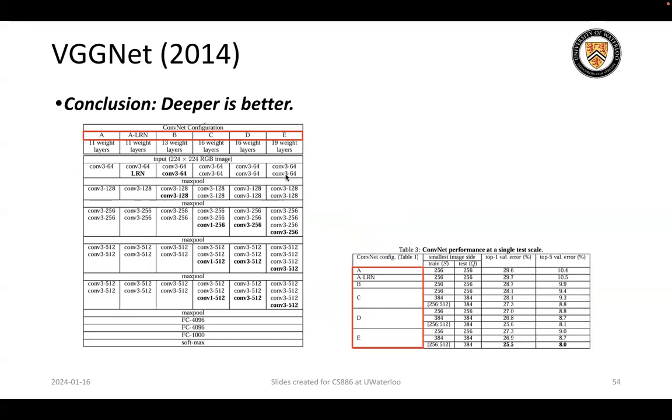For example, for E, we have conv3 64, followed by another block of conv3 128, followed by conv3 256, followed by conv3 512, and followed by conv3 512. And then max pooling, fully connected layers and softmax. In table 3, we list the VGG performance at a single test scale. You can see that configuration E achieved the lowest top 1 validation error and top 5 validation error.